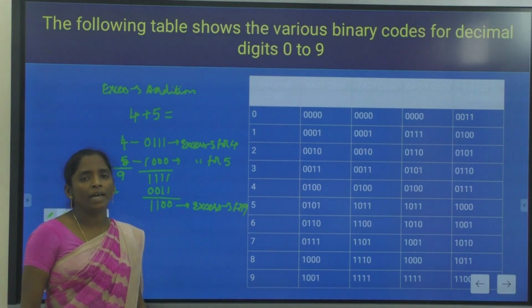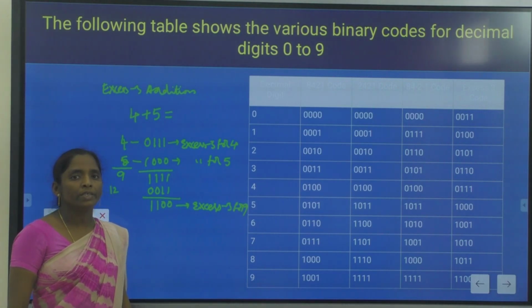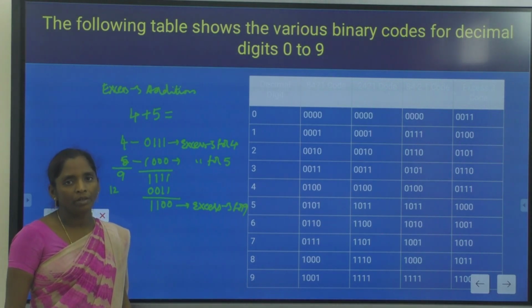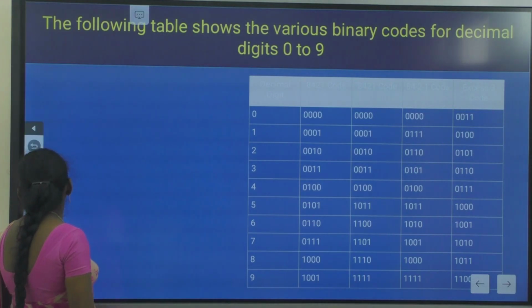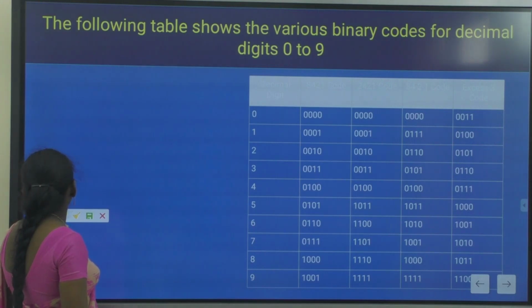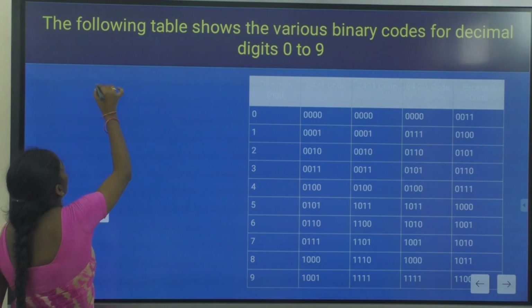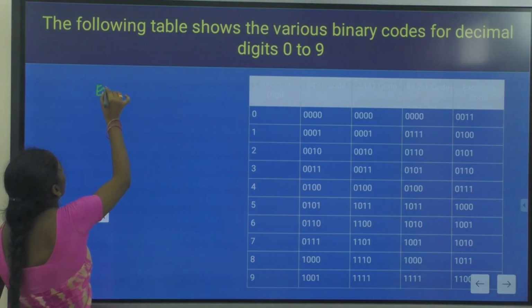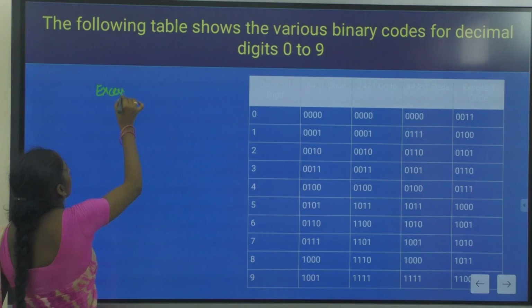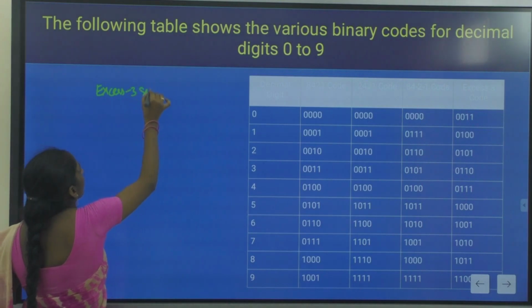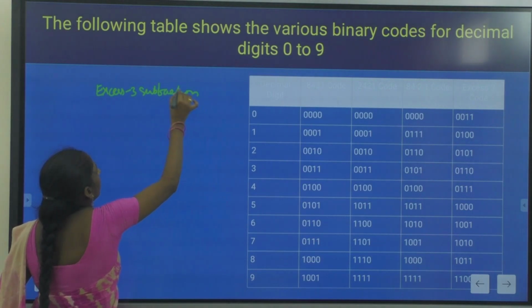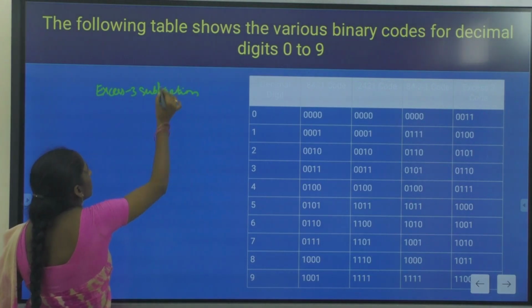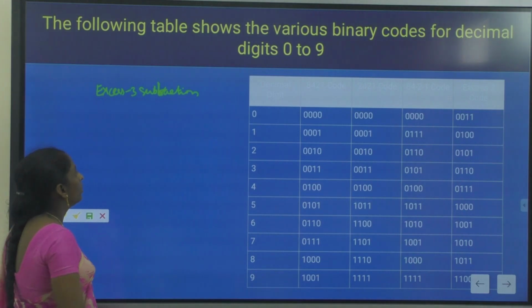If you don't get carry, the result is negative. So subtract 3 from the result.